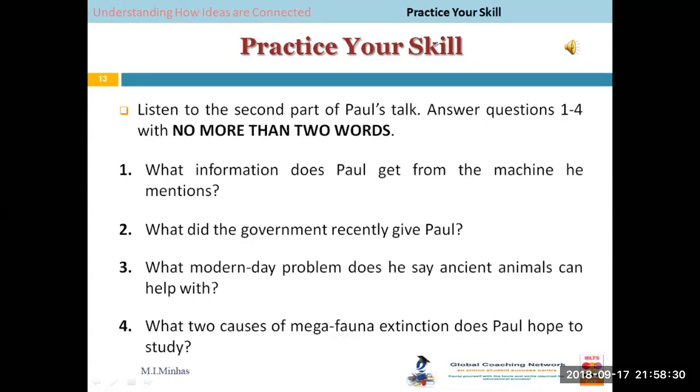For example, I plan to use these funds to excavate new areas and try to find out how ancient creatures evolved during their own period of climate change, just as animals today have to. In another project, I'm going to study fossil collections that are housed in museums around Australia. I'm doing that to try to find out when Australia's megafauna became extinct. That is, all the giant mammals, lizards and birds. That will help us to finally find out what caused these extinctions. Was it nature or was it humans? Okay.